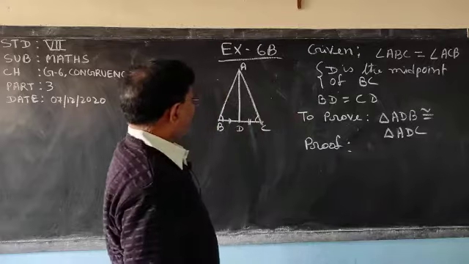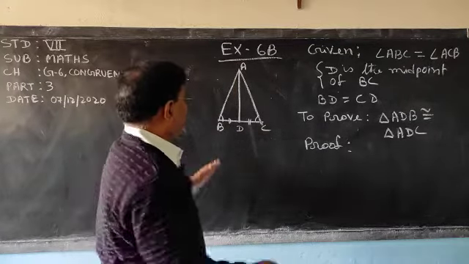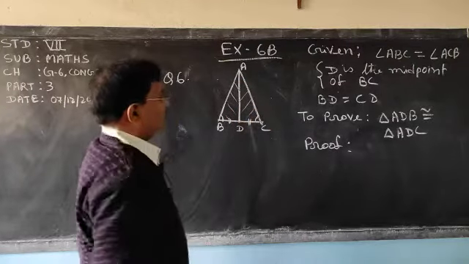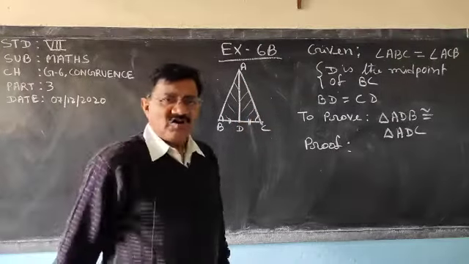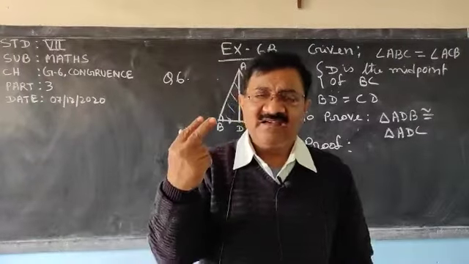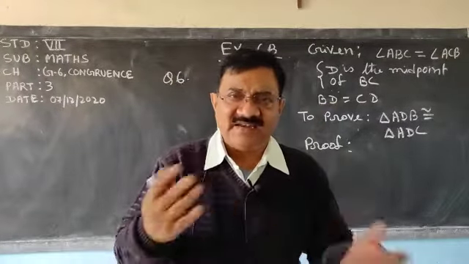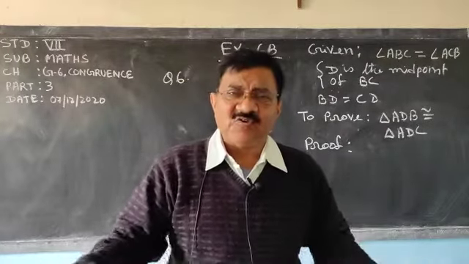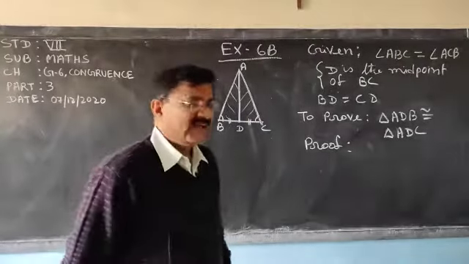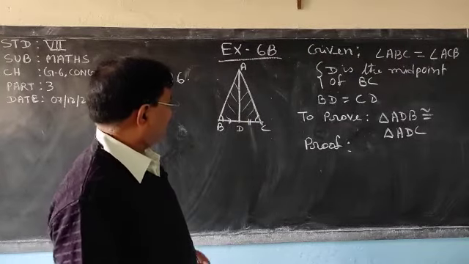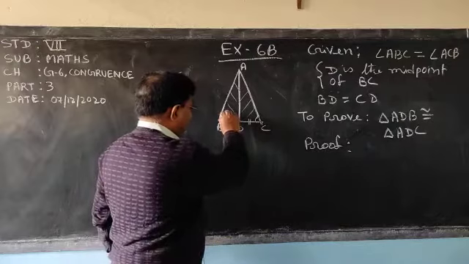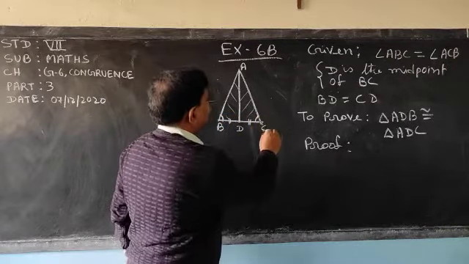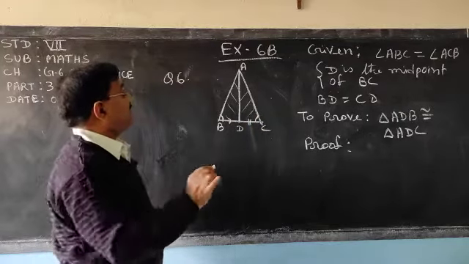We have to prove that triangle ADB is congruent to triangle ADC. For congruency, 3 things are required: either 3 sides, or 2 sides and 1 angle. Find 3 things. One is given, that angle ABC is equal to angle ACB.